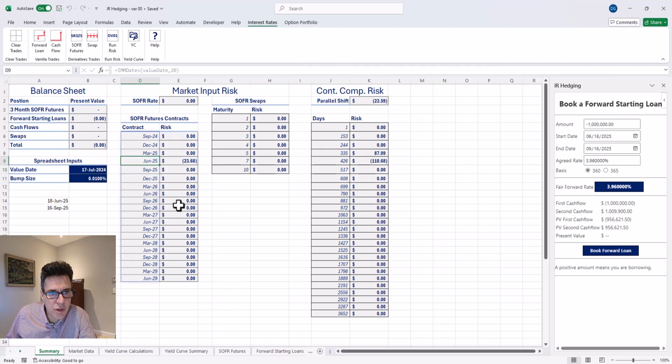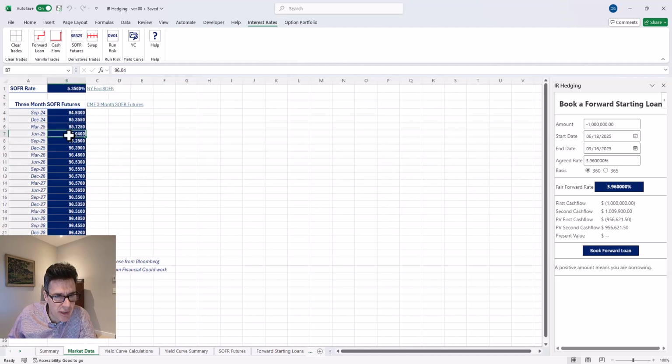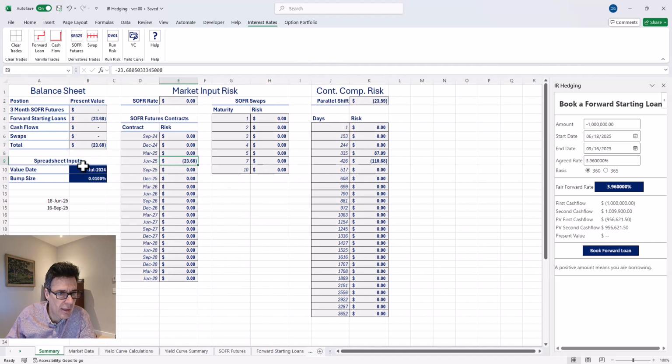So for the June 2025 SOFR futures contract, if the rate goes up by 1 basis point, the price of the futures contract goes down by 0.01, and we lose 23.68. What the risk report, Run Risk, is doing is changing this to 96.03, and we can see the $23.68.